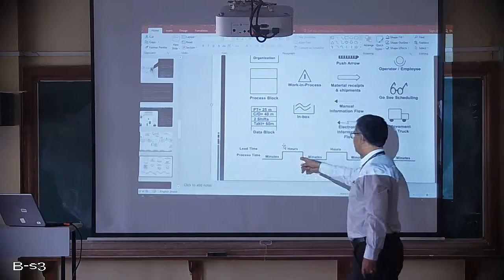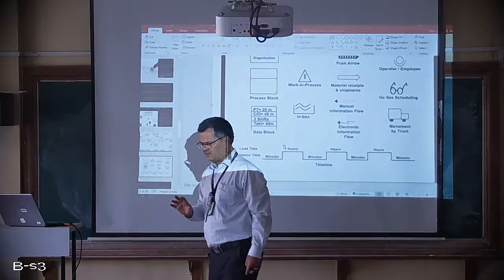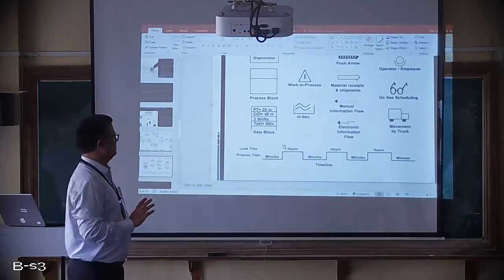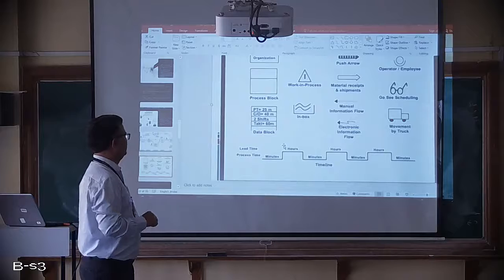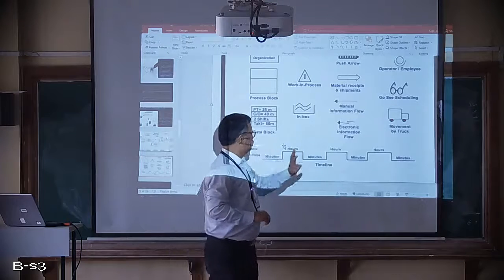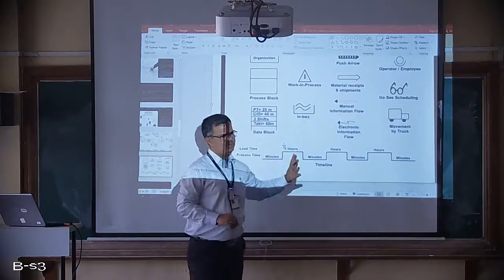This is very important because when you draw the current state value stream mapping and the future state value stream mapping, you have to show these things: lead time in hours and processing time in minutes.